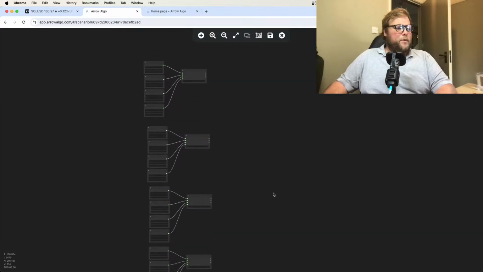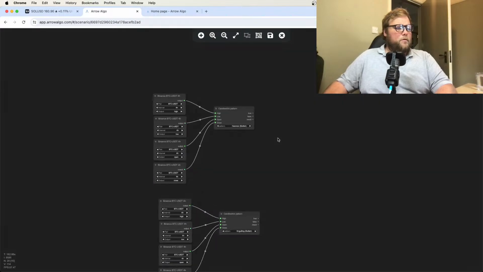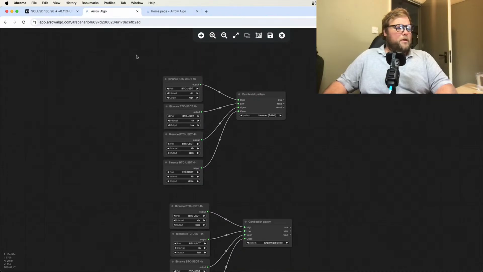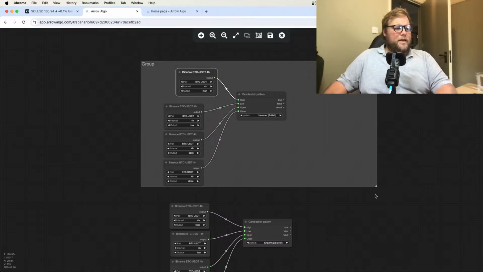So we can already see this is going to end up being quite a big strategy, so let's make some groups so that we can try and keep it nice and neat as we go.